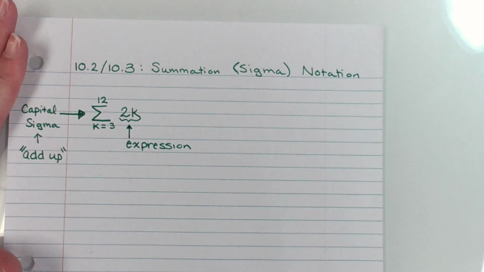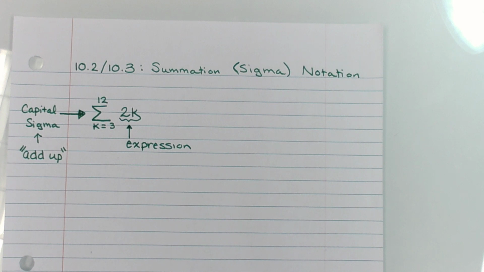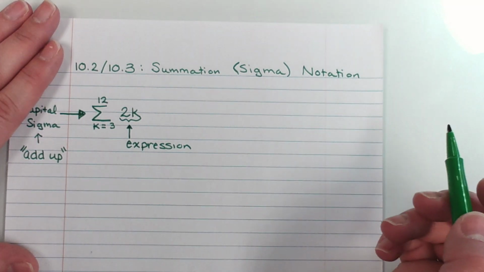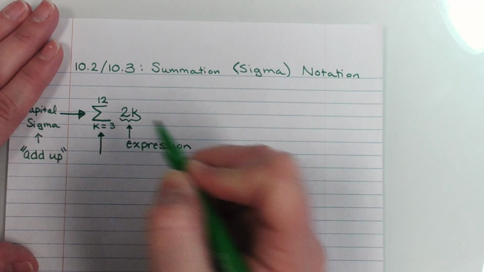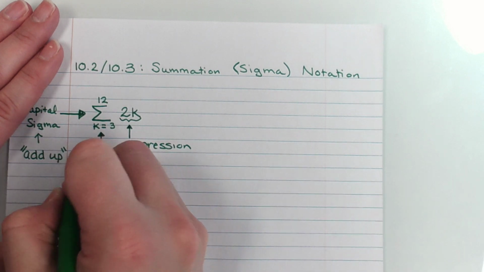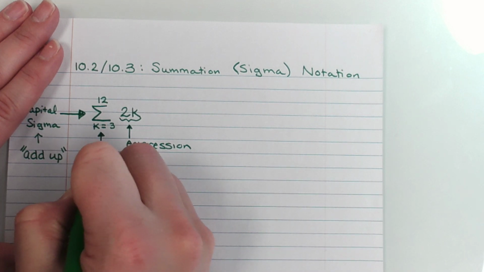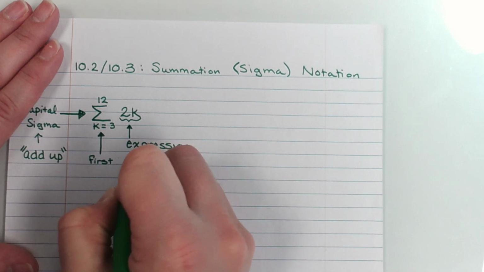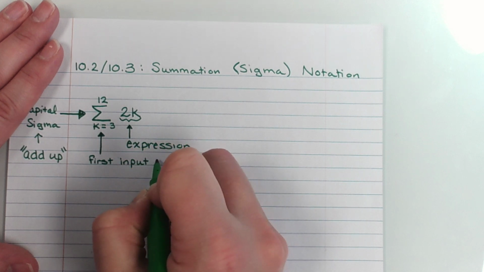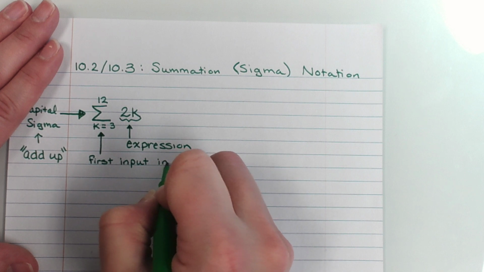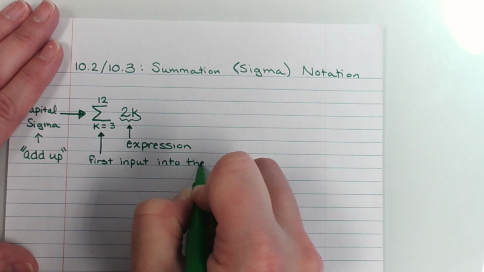This expression is going to be used repeatedly for k values that start at 3. So this is the first input that goes into the variable.